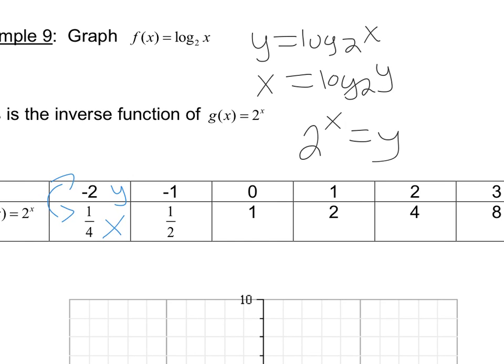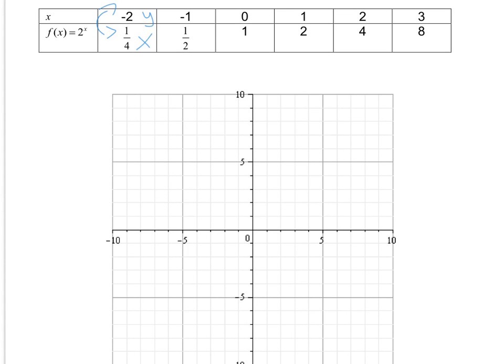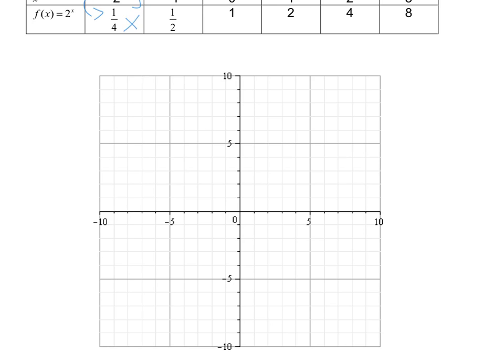Because see how back here we switched the x and the y? So when we go to graph the log function instead, because that's what they want us to graph, make these your x values and these your y values. So you go 1/4, -2. And then you go 1/2, -1.